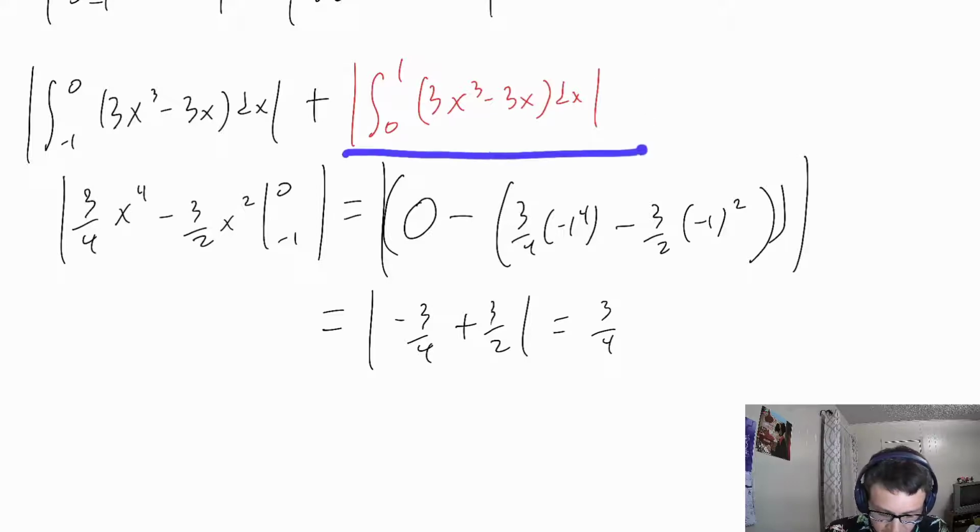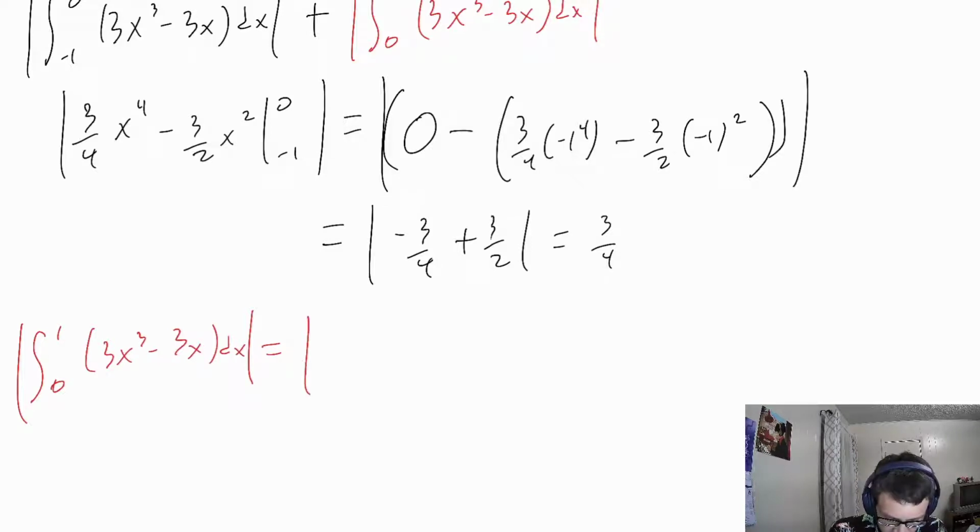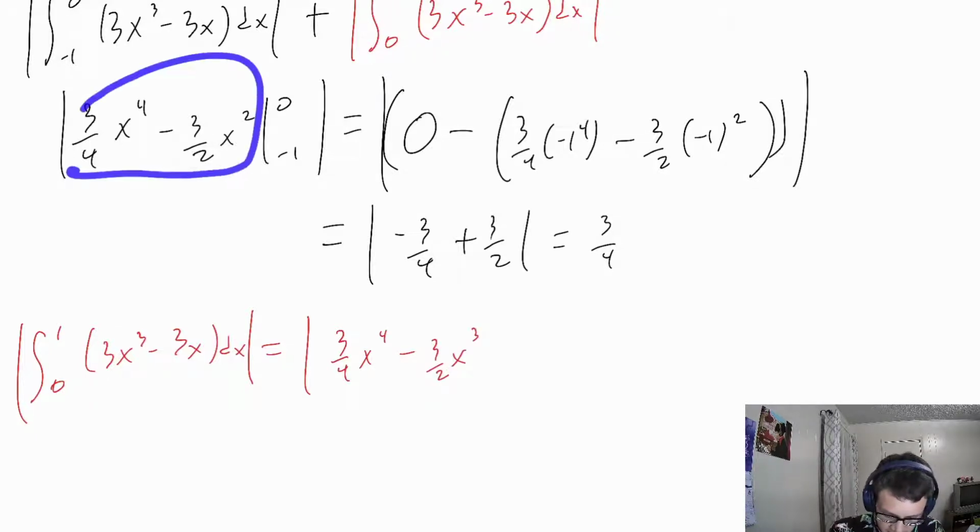Now we just need to figure out this area here. So let me switch over to red. We have the integral from 0 to 1 of 3x cubed minus 3x dx in absolute value. So this gives us the absolute value of 3/4 x to the 4th minus 3/2 x cubed. Oh, this looks kind of familiar. And that should be an x squared. Sorry, not an x cubed.